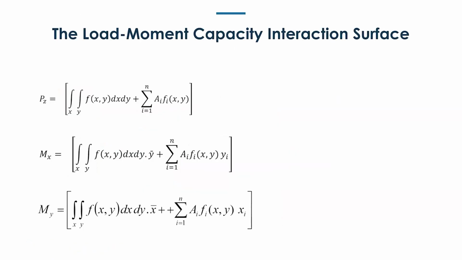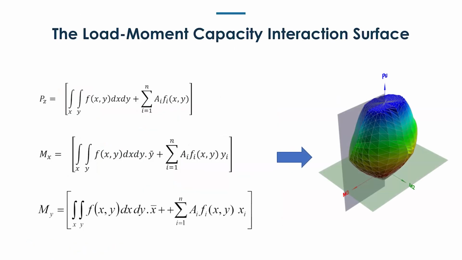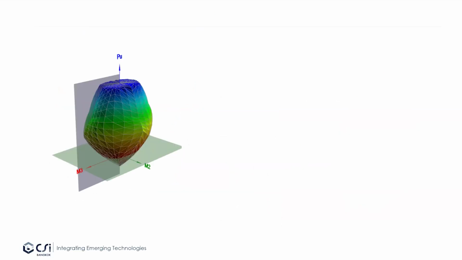Now, the same thing can be applied to three quantities: moments, as well as the axial load. And you get now not one, but three numbers, and you get this interaction between axial and flexural capacities, which is called the axial-flexural interaction surface. This interaction surface we can visualize in two ways.